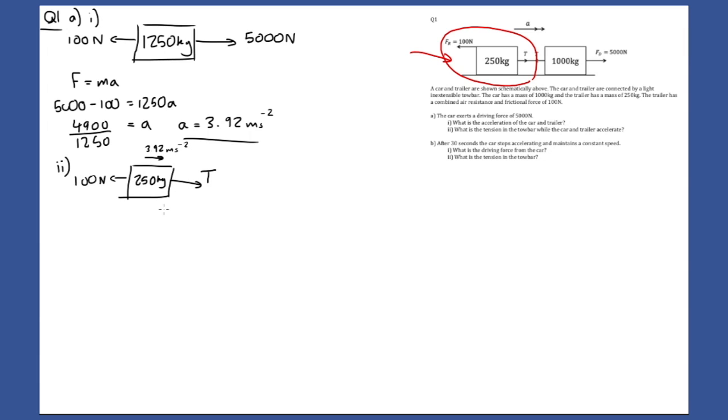Okay, so just by zooming in on this bit, we can work out the tension. Again, very similar to the first part, resolve the forces. I have T minus 100, and that equals 250 times 3.92.